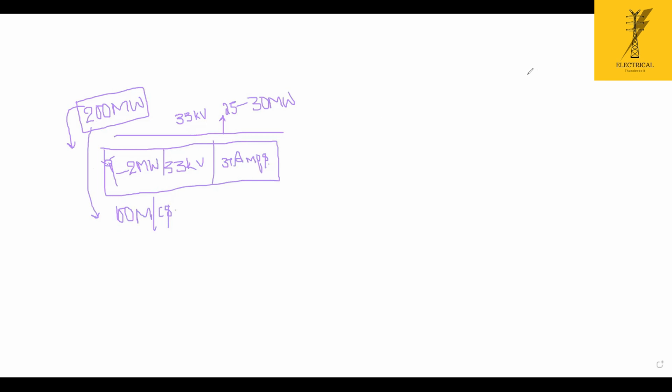As we did in our earlier class, the economic choice of the voltage using that formula and as per the utility guidelines, by checking the losses and the transmission line cost, they decided that the maximum power that can be pumped through 33 kV is 30 megawatt.